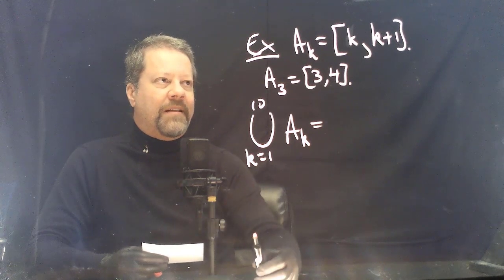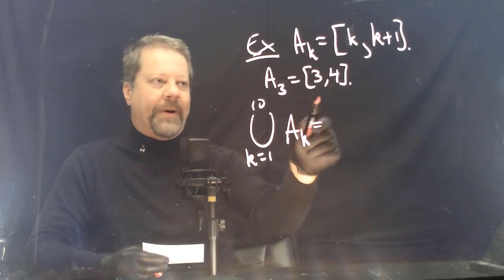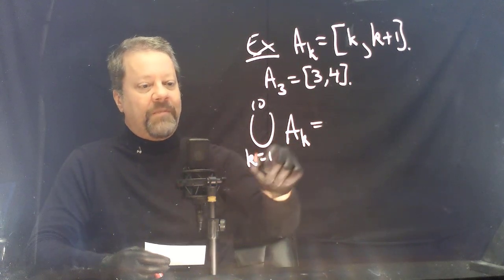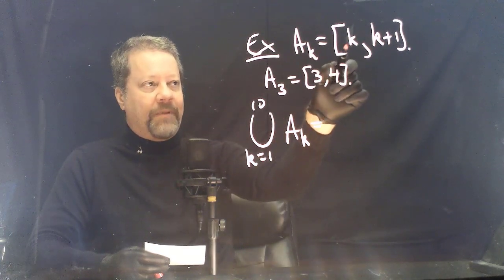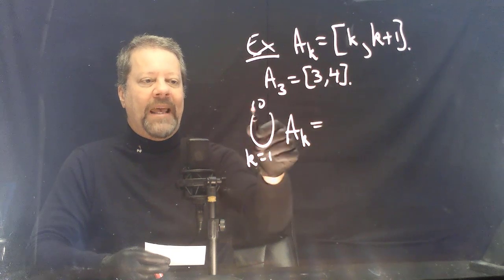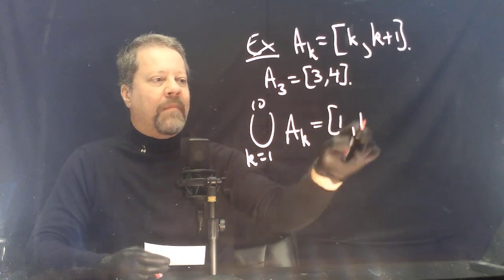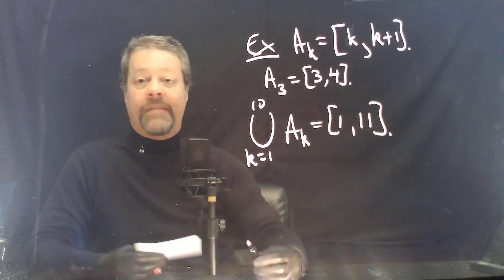You can see that they will overlap at the endpoints. Those only get counted once, of course. But if we start at 1, we're starting with the interval from 1 to 2, and we end at 10, the one that goes from 10 to 11. So the union will be everything from 1 to 11.